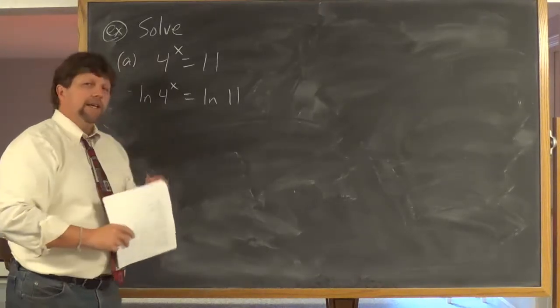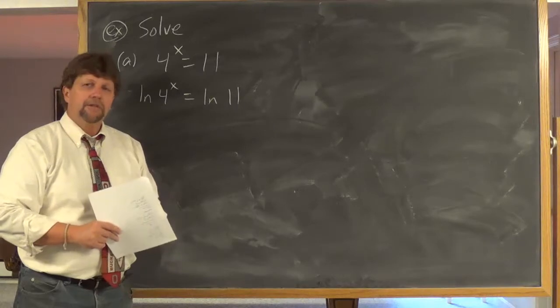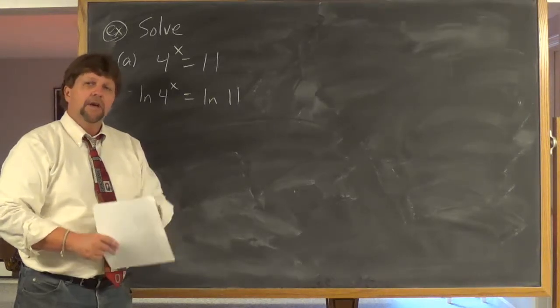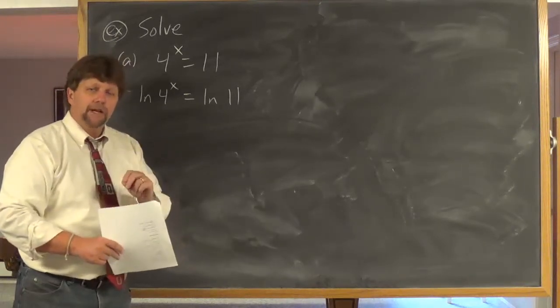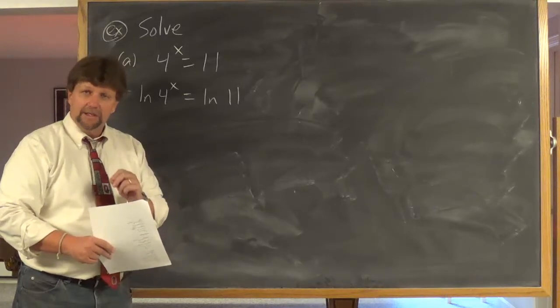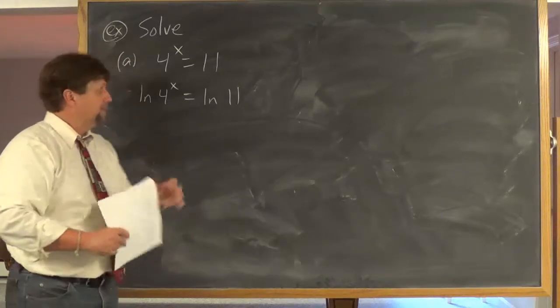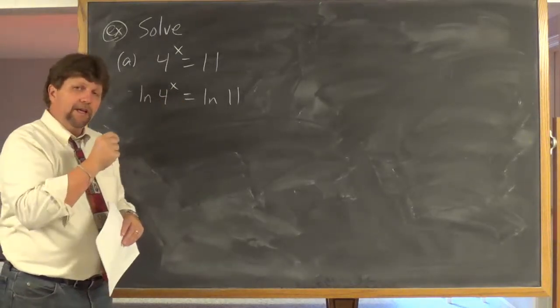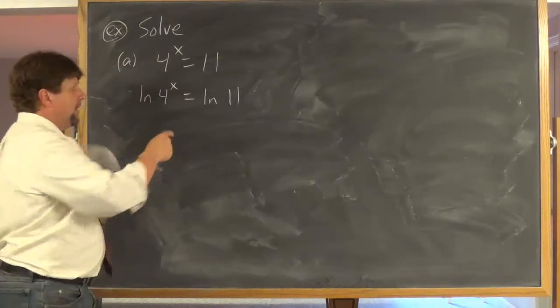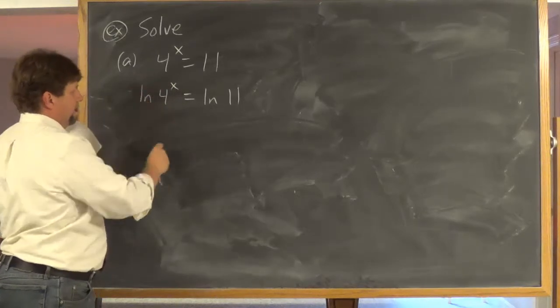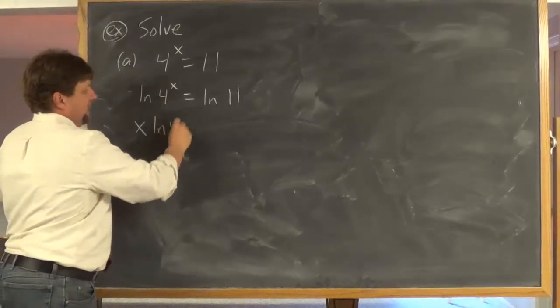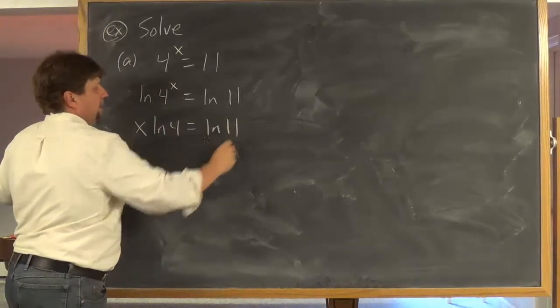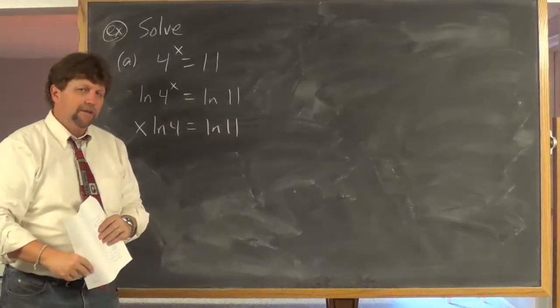Now why would I want to take the natural log of both sides of this equation? Well, we have a property, a law of logarithms. I think it's law of logarithms number 3. I can take this variable that's in the exponent position, use a law of logarithms, and move it out front to get x times the natural log of 4 equals the natural log of 11.